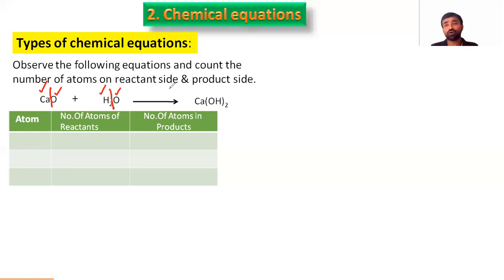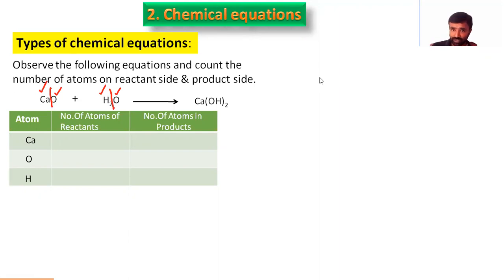So follow me carefully: calcium is there, oxygen is there, and hydrogen is there. If an element comes multiple times, don't write it multiple times, only consider it once. So I considered oxygen only 1 time, though it is repeated in 2 different substances. So calcium, oxygen, and hydrogen are written. Then counting them on the reactant side first.